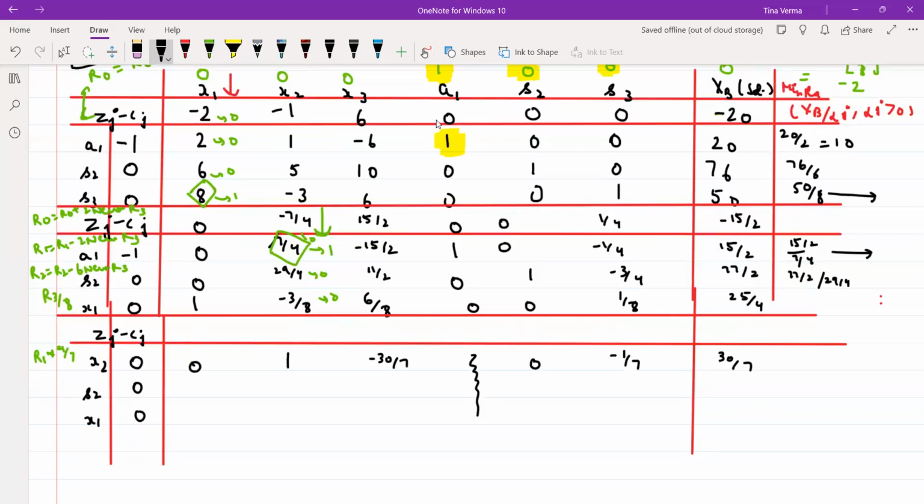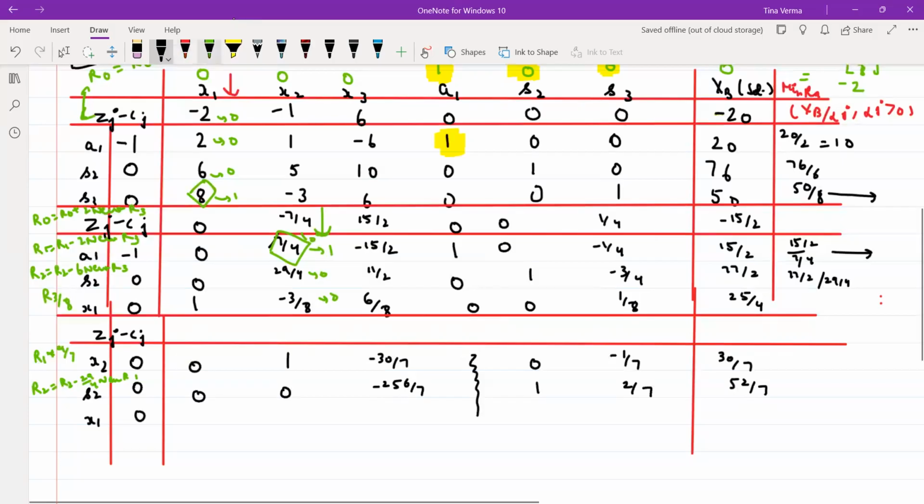And when you apply your row transformation, R2 will be R2 minus 29 by 4 times your new R1. So this entry will become 0. This entry will become 0. This will become minus 256 by 7. And this entry will become 1, 2 by 7. This is 52 by 7.